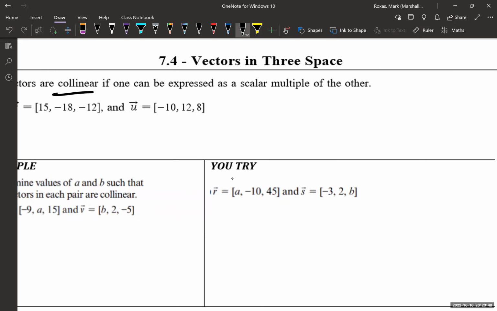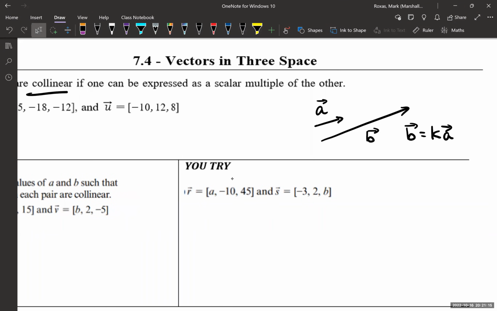So if I had a vector A and a second vector B, if the second vector was collinear, that means I can say vector B is some scalar multiple of A because they act in the same direction, along the same line. Or they could be acting in opposite directions if it was a negative scalar. But as long as they're acting along the same line, then you would say they are collinear, right? So this is the same line, parallel to this one.